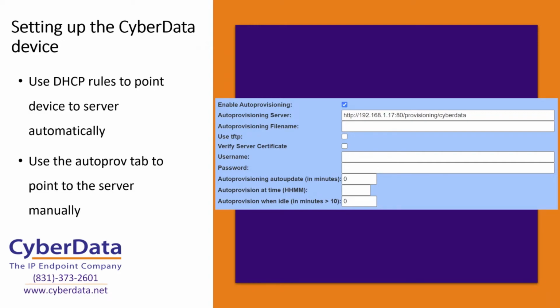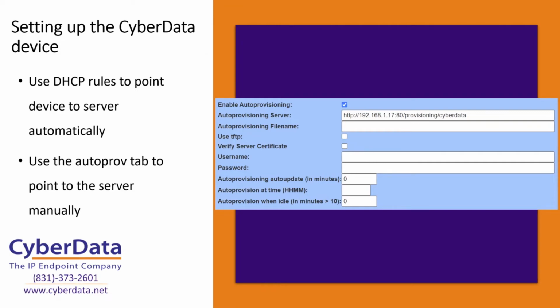And then for this specific setup, you just use the simple string that I have listed in there for the auto provisioning server, http://192.168.1.17. Then we've got :80, which means it's going to make the request to port 80 in the directory /provisioning/CyberData.